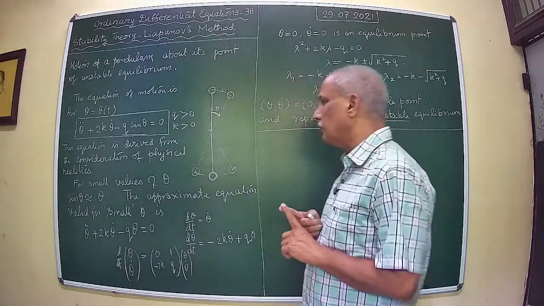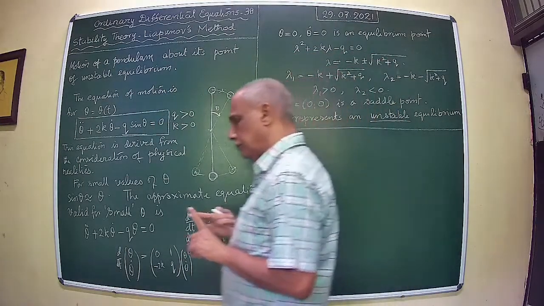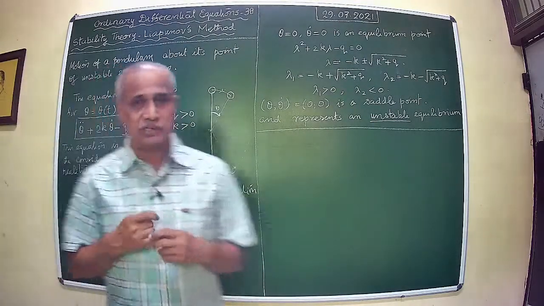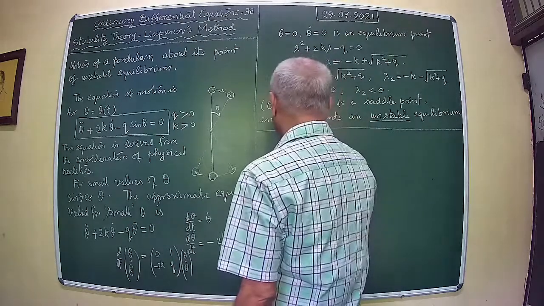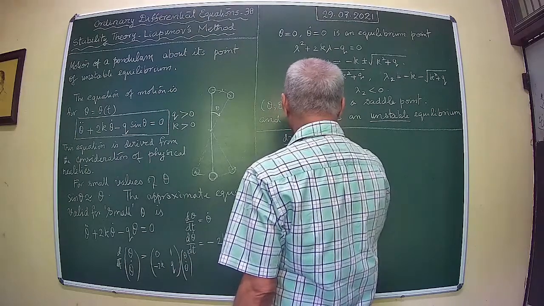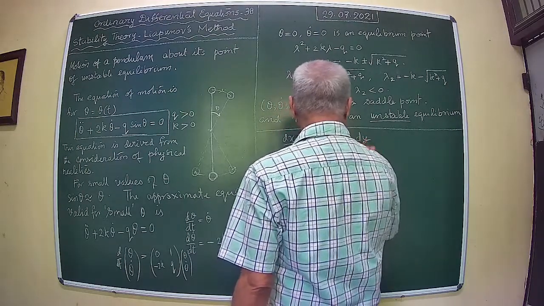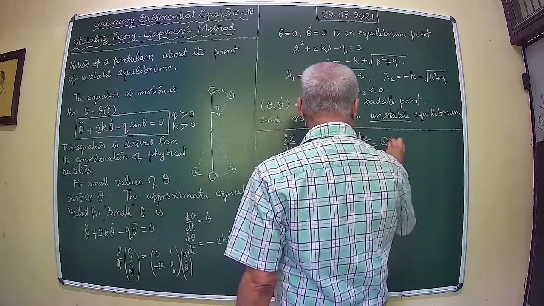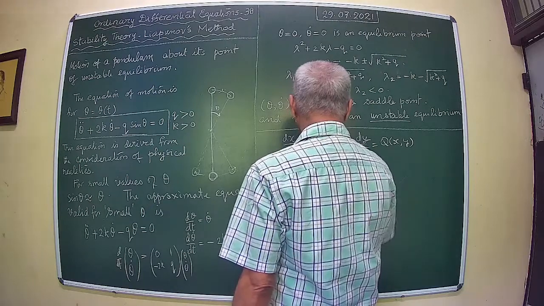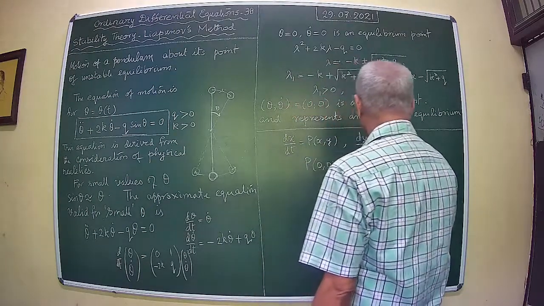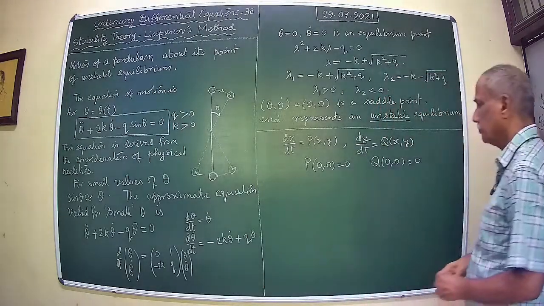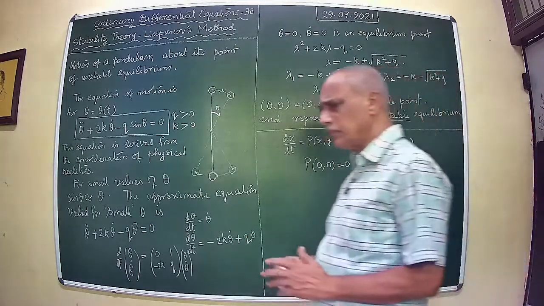We are going to approximate a nonlinear function. For example, the sort of equations that we have are something like this. Let us assume that P(0,0) equal to 0, so 0, 0 is an equilibrium point.